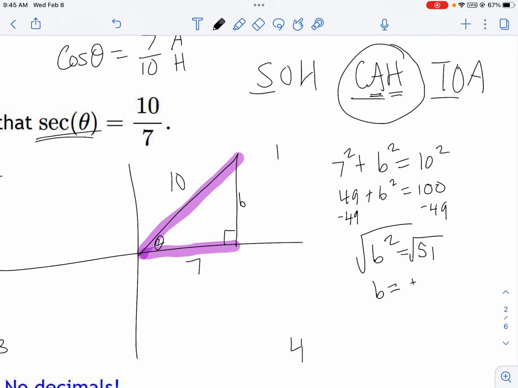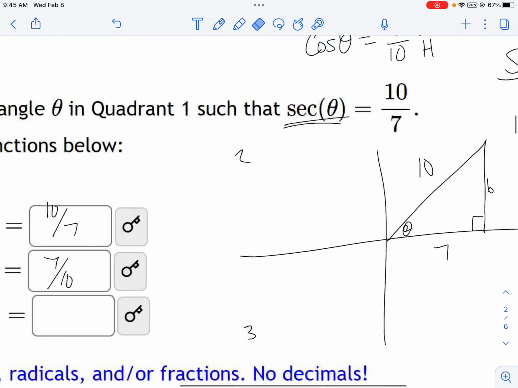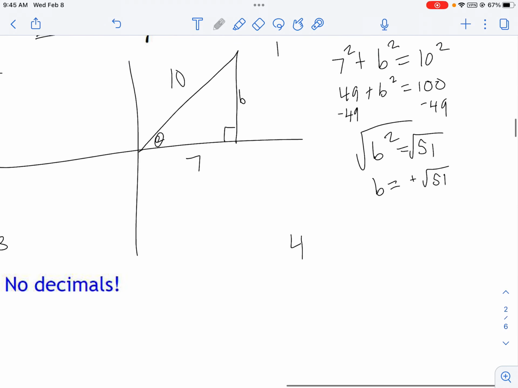Remember, you need plus or minus as soon as you take a square root. But for this triangle, you're going right and going up, and up is a positive direction, so you're looking at a positive root 51. As long as you're told you're in quadrant 1, you don't have to worry about negatives. So b equals the square root of 51.